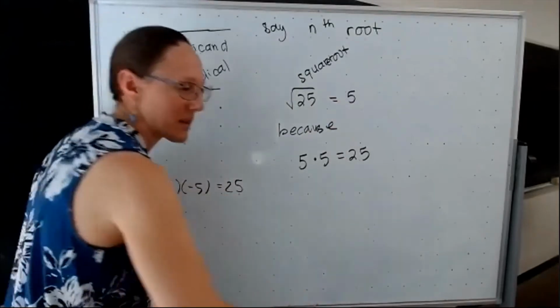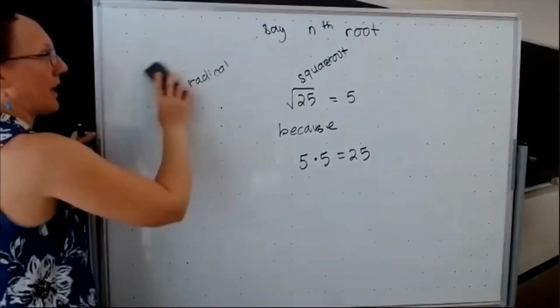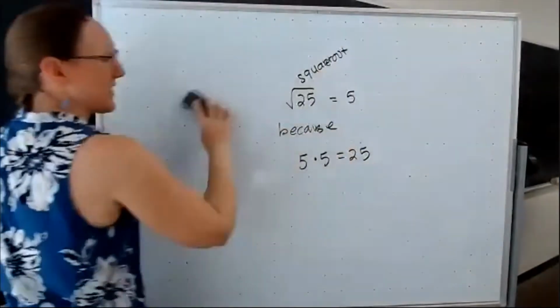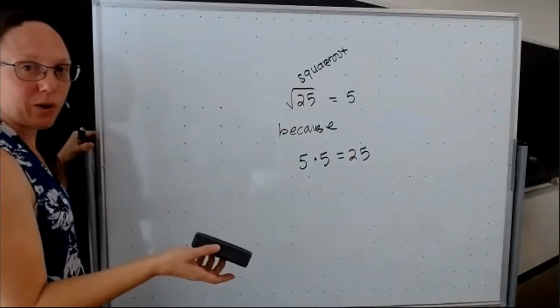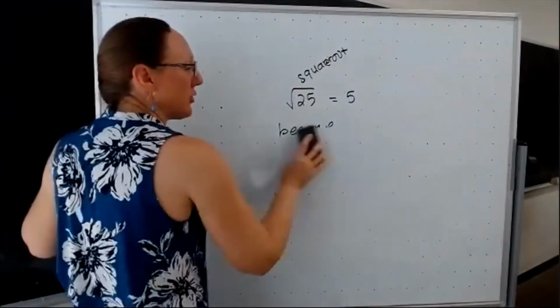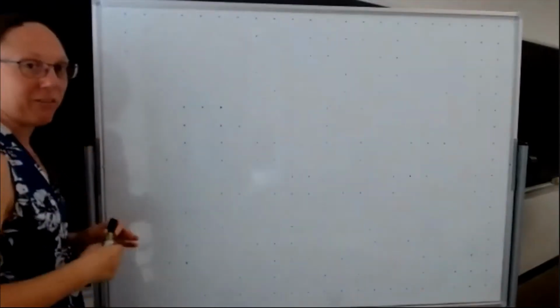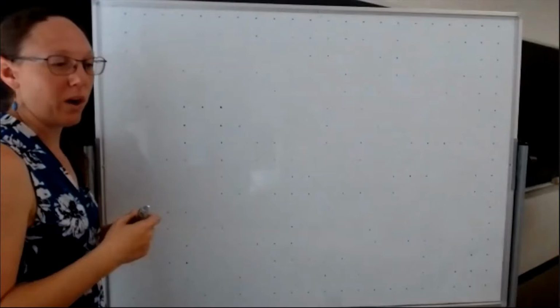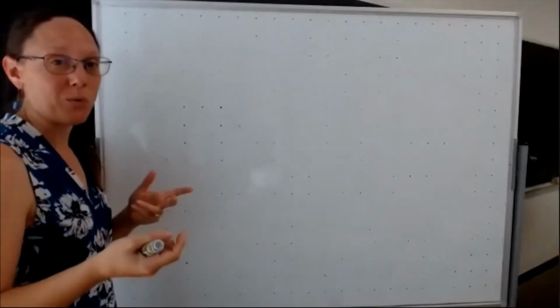Okay, good times. So if we don't write something, we mean that it's a square root. If we do write a small number there, then we can have any sort of root that we want. Now, these are some nice, common ones to know.